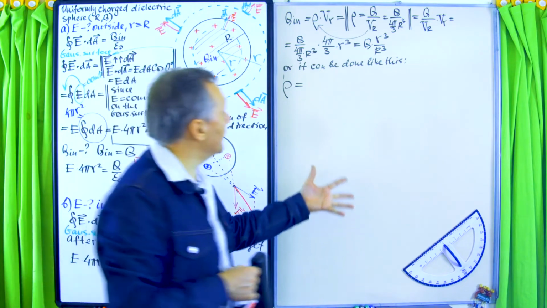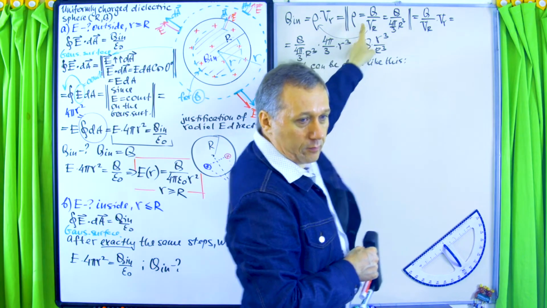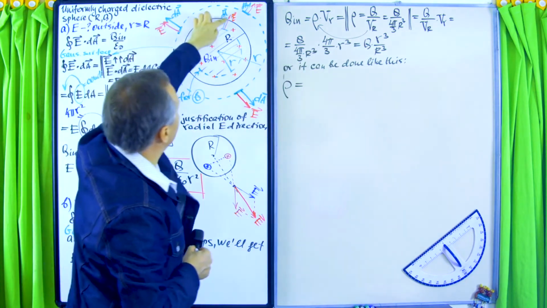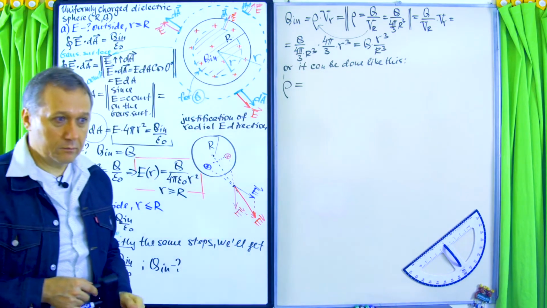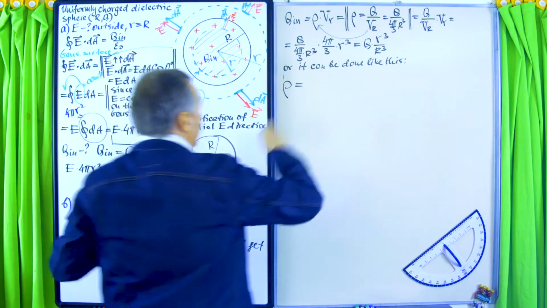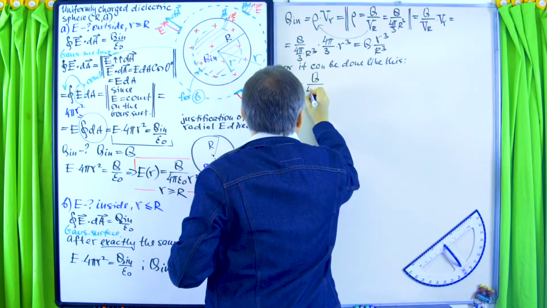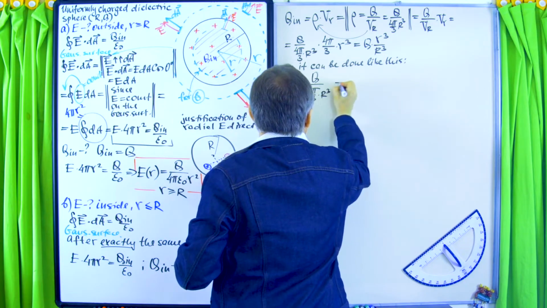First, let's use this way of finding rho using the total charge, because we know this total charge is distributed over the sphere with radius r capital. Just the typical way of finding it. So let me write that first: Q divided by 4 pi over 3 r capital to the power of 3.